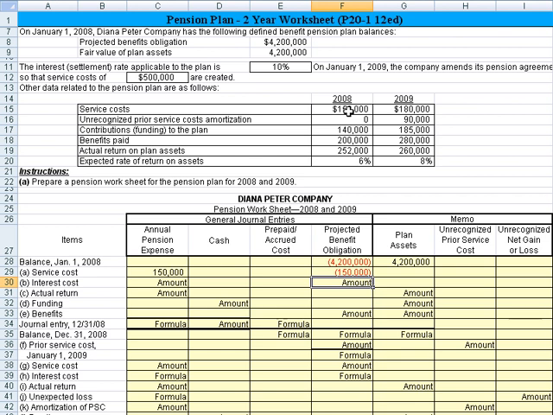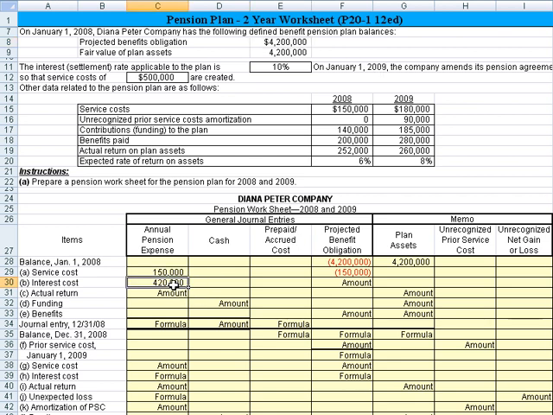Then we look at item C, which is the actual return. I'm sorry, the interest cost is item B. Item B, the interest cost is 10% of the applicable rate. To calculate that, we're going to take 10% of the beginning projected benefit obligation of $4,200,000.